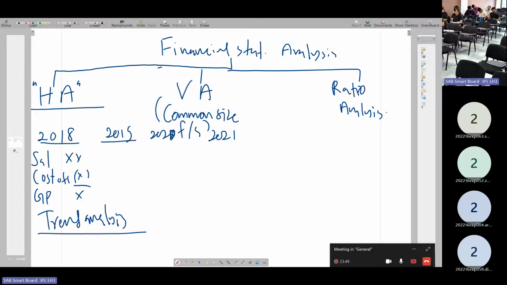What is the feature of this method? We have to have a base year. Compared to the base year, we can see the difference. The difference can be presented as a percentage of the base year, either plus or minus. Okay, that is trend analysis.